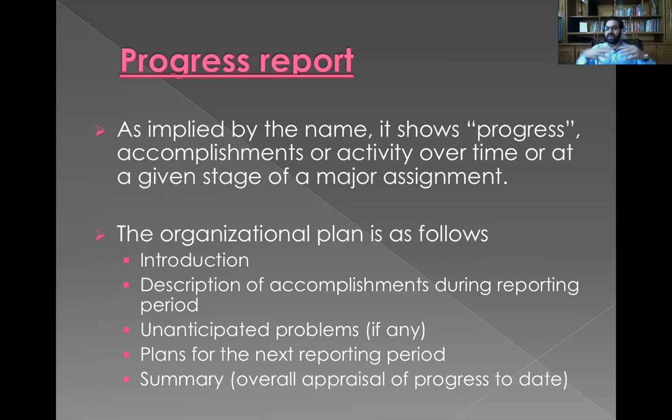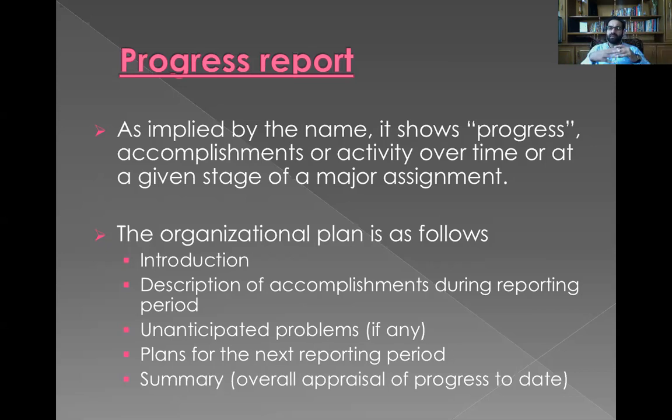For example, you anticipated that the student might become disruptive or commit some discipline issues, but now there is a great fight with fists and punches and somersaulting everywhere. This was unanticipated; you didn't expect it and it happened. Then plans for the next reporting period, for example, we will write to you maybe in 2021 and let you know exactly how it happened.